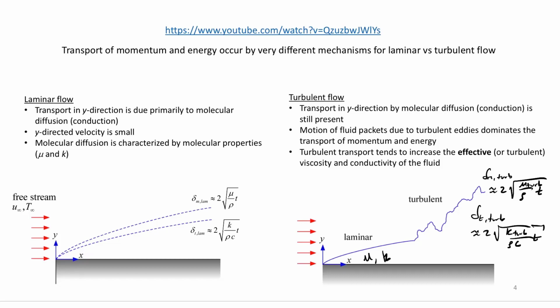And just to be clear, right, so K turbulent is much greater than regular molecular K, and mu turbulent is also much greater than molecular mu. Hopefully the K one really makes sense, right? Because you're effectively moving heat due to bulk fluid motion.